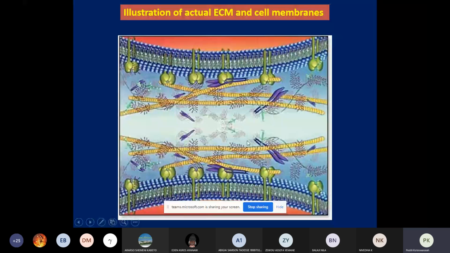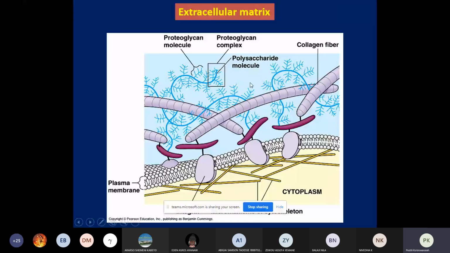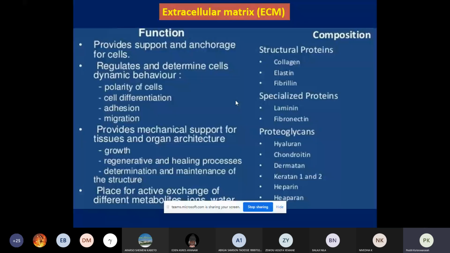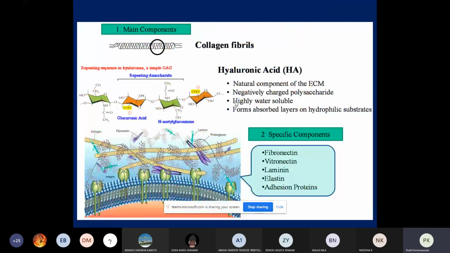These glycosaminoglycans are also known to bind to various proteins such as chemokines, cytokines, growth factors, morphogens, enzymes, and cell adhesion molecules. And if you see here, this is the extracellular matrix. All these glycosaminoglycans are present in the extracellular matrix.